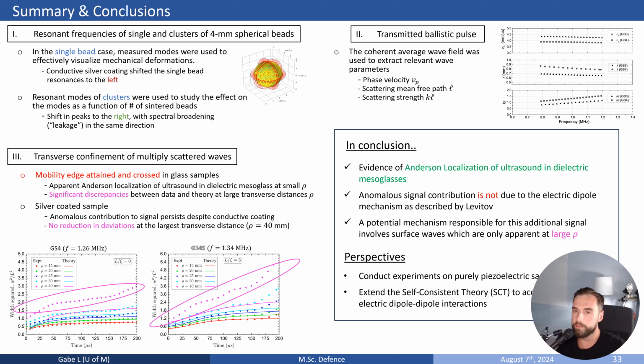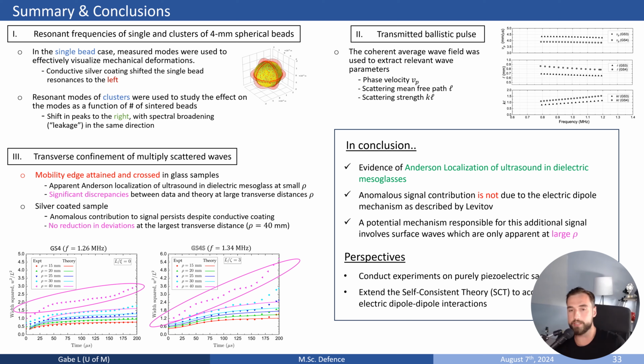From studying the lateral expansion of the intensity in time and position, we were able to attain the mobility edge and localize it. So we have Anderson localization in a dielectric mesoglass at small rho. But we do see significant discrepancies between the data and the theory at the largest rhos.